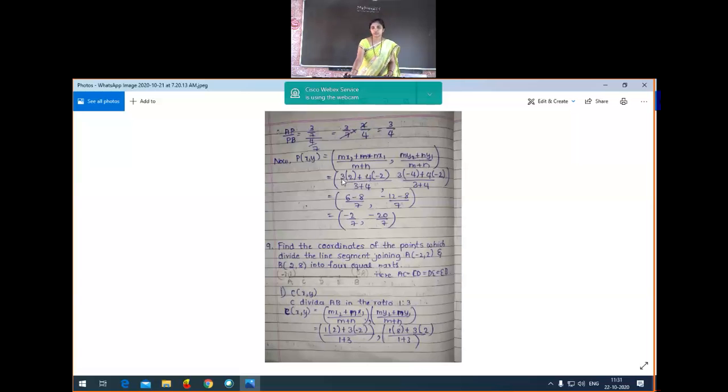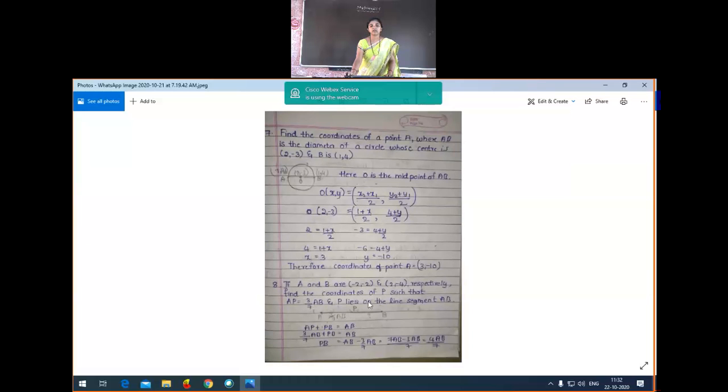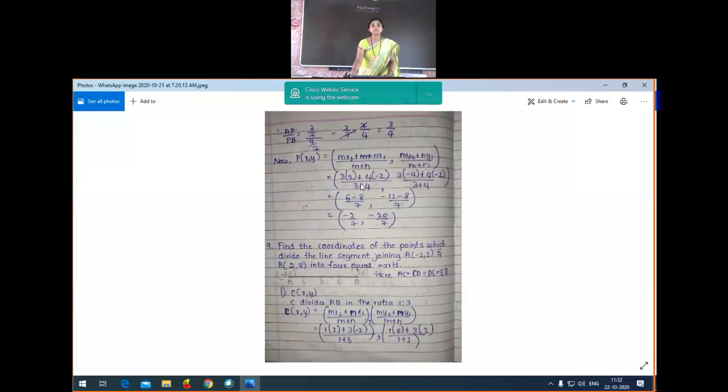Now substitute the values: x2 and x1, y2 and y1, and the ratio m and n. Just now we got the ratio: m is 3 and n is 4. Here, this one is (x1, y1) and this point is (x2, y2). Now substitute these values and simplify.